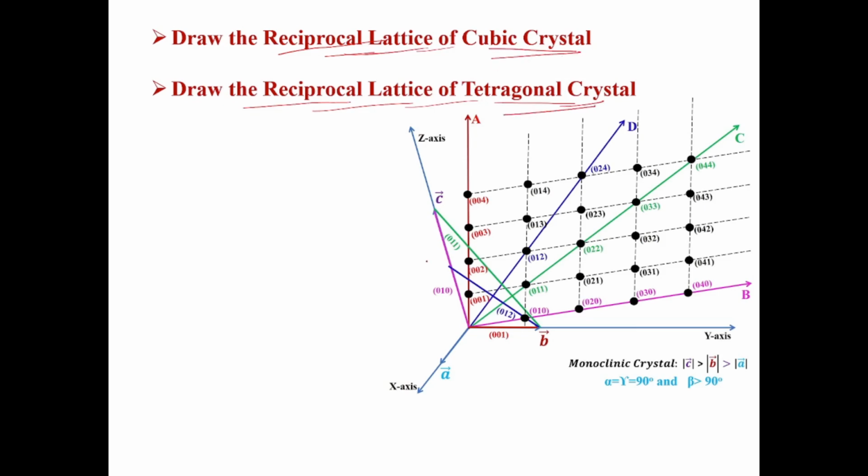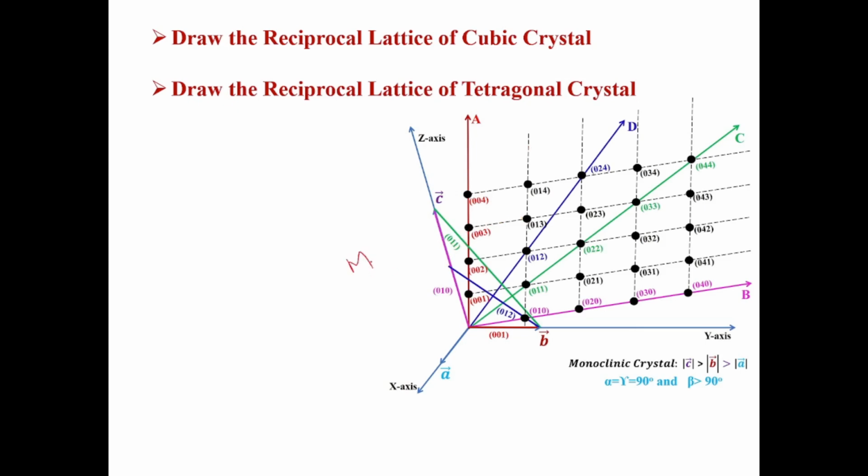One thing I forgot to share with you: you can see that the reciprocal lattice of monoclinic is itself monoclinic. Here this distance is not equal to this distance. If we consider the x-axis distance, it will also be different.